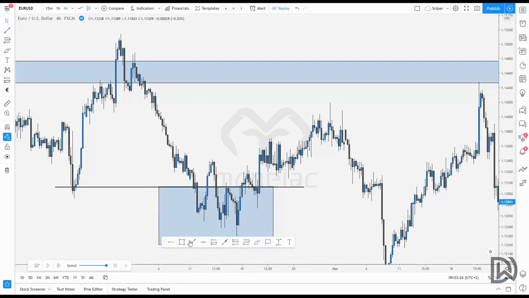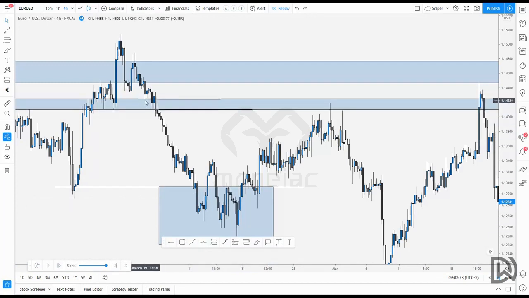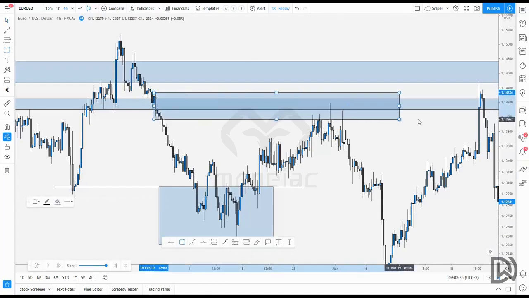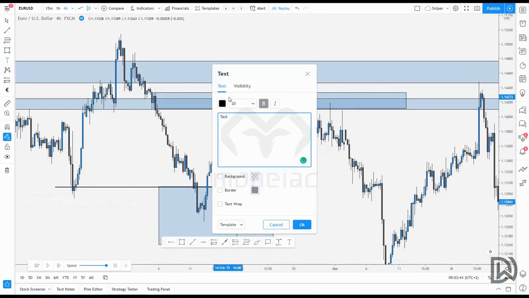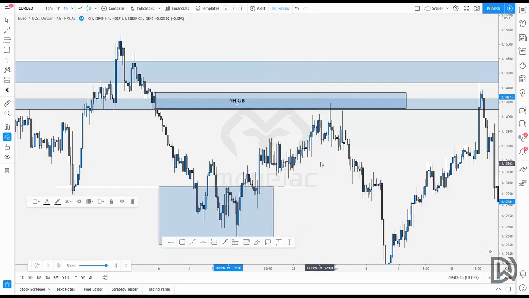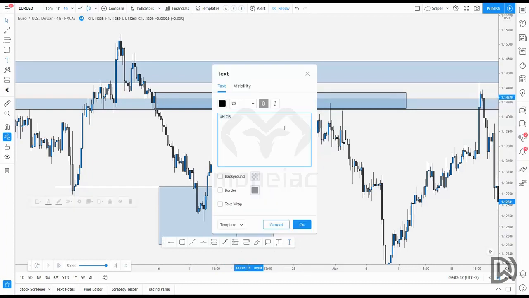Let's define it better. We have that imbalance, but then we also have a 4 hour order block. So we have a 4 hour order block plus daily imbalance.